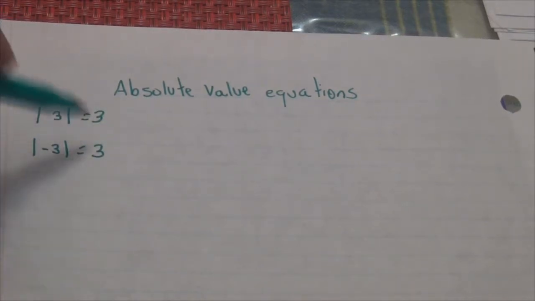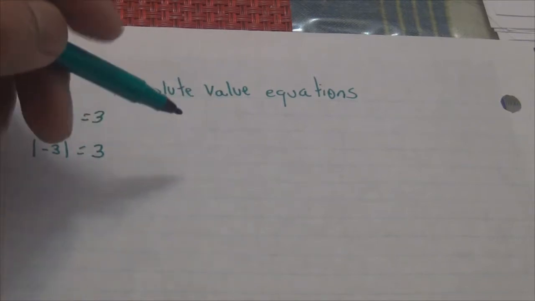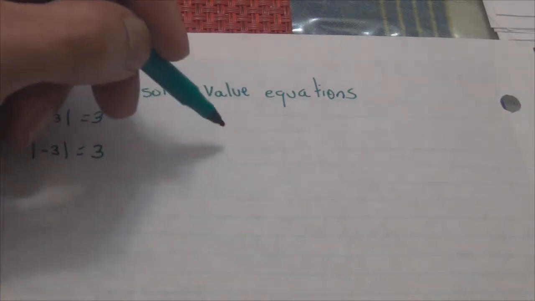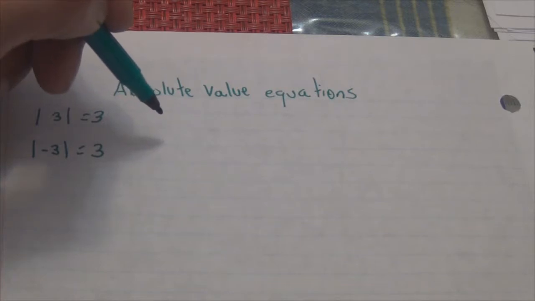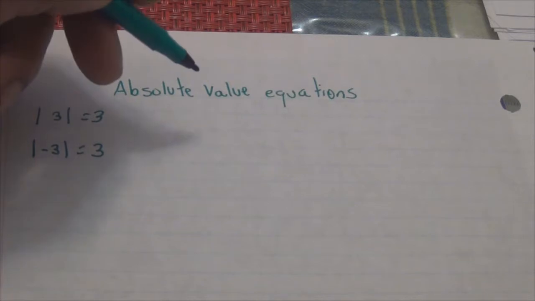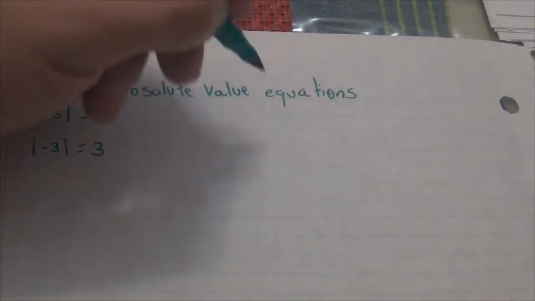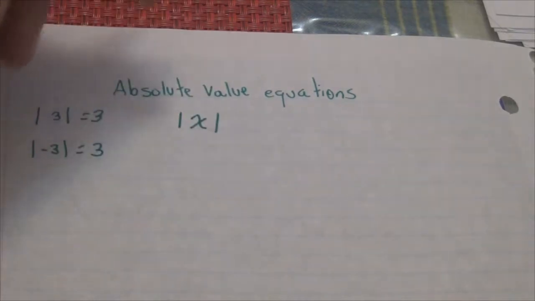Why? Because absolute value measures distance, okay? Like, for example, if you travel from New York to Washington and it's 500 miles, let's say you travel back from Washington to New York in reverse, you're not traveling -500 miles. You're traveling 500 miles. You're just coming back, okay? So now, when we talk about variables, let's say you have the absolute value of an unknown number.